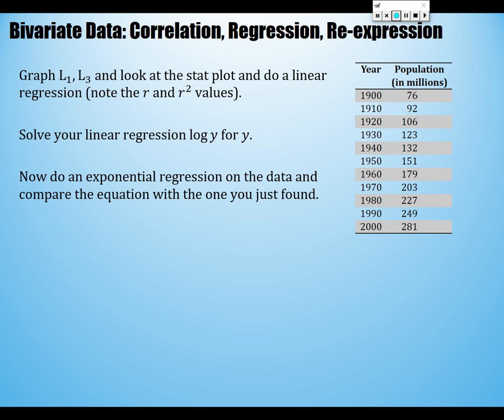Someone want to give me the regression equation they got? We'll do the re-expression with your equation, whichever it is. 8.68.